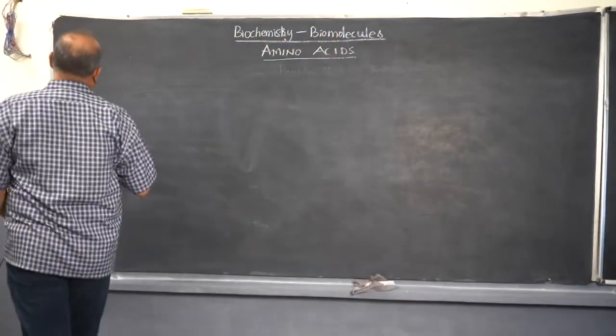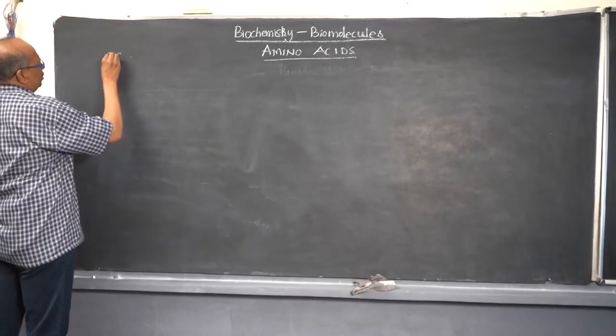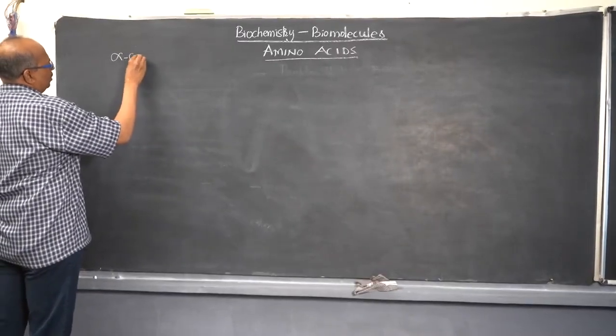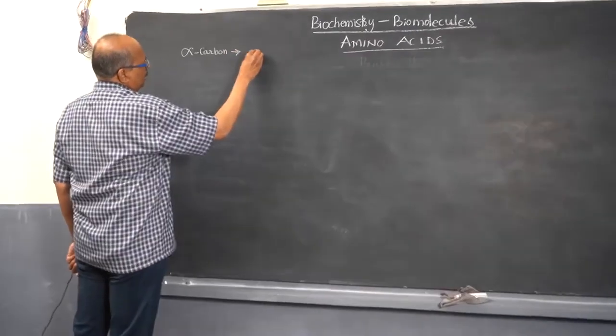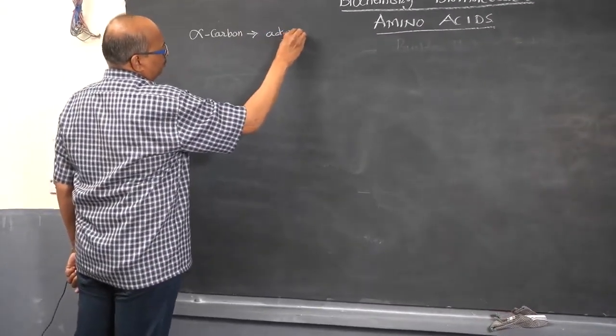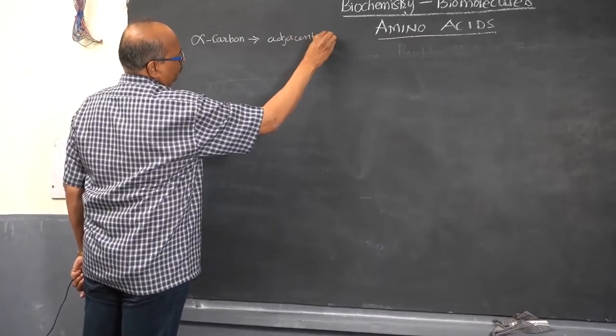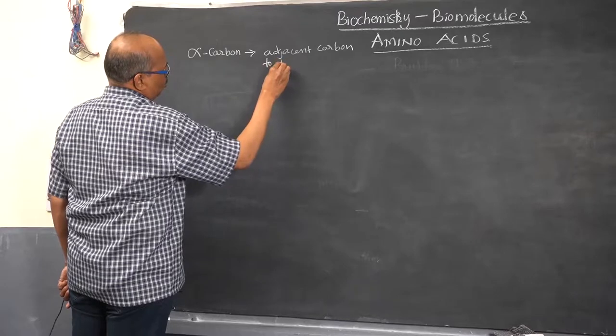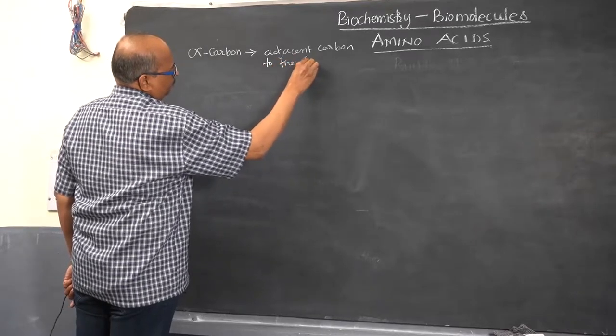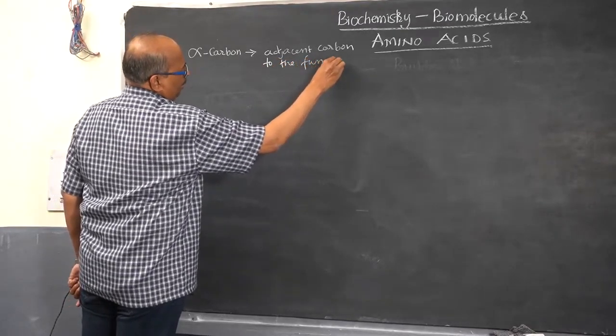So if you go back to the nomenclature, the alpha carbon will be the adjacent carbon to the functional group, or to the priority functional group.